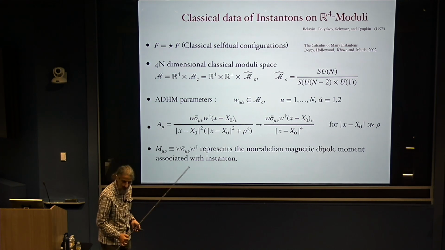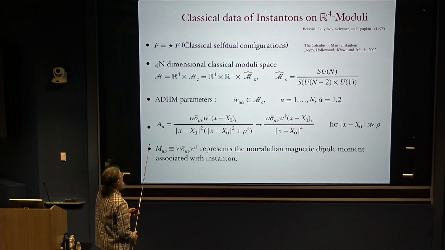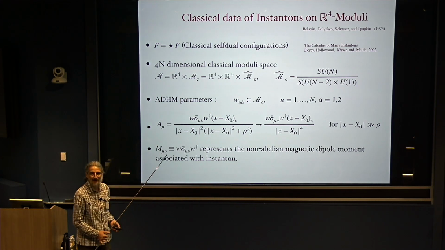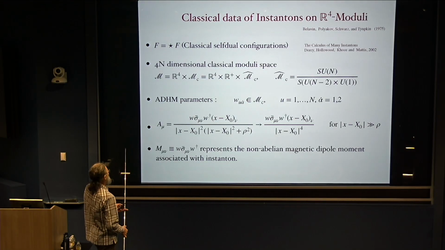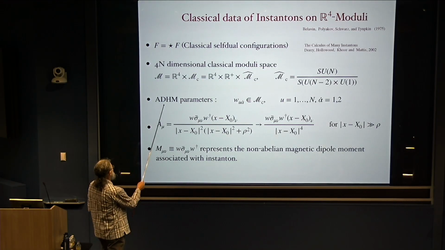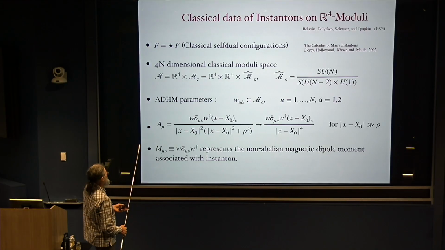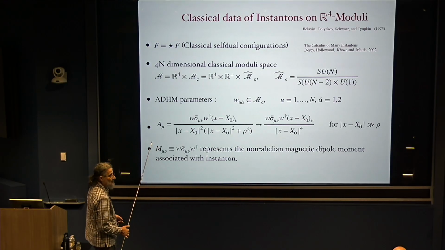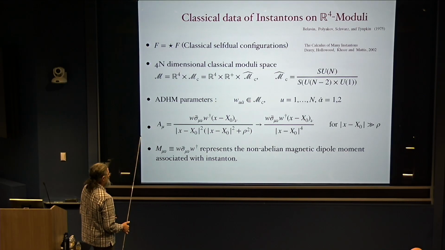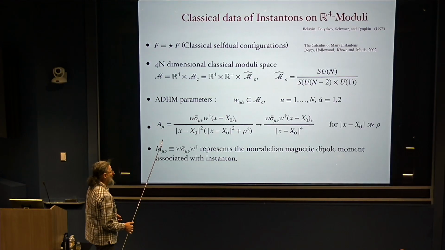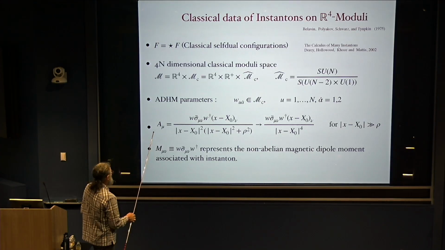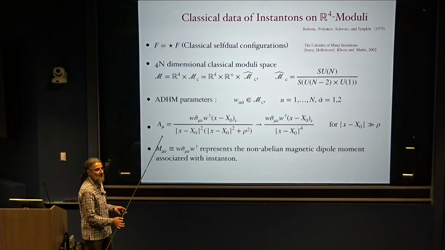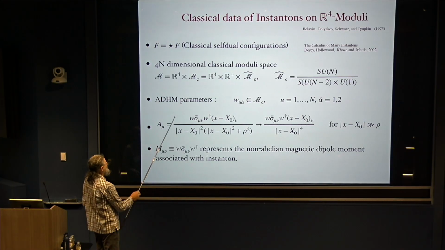Okay, now let's start with the classical data on instantons on R4. Of course, this is well known. Instantons are essentially a solution of this self-dual equation or anti-self-dual equation or the other way around, but I will almost always talk about both of them if it is implied. It is a famous very large dimensional moduli space. It's 4n dimensional.